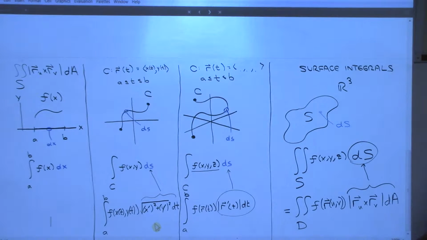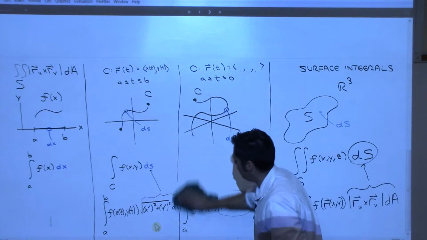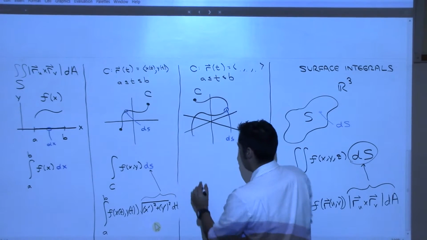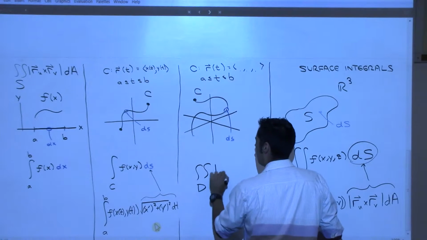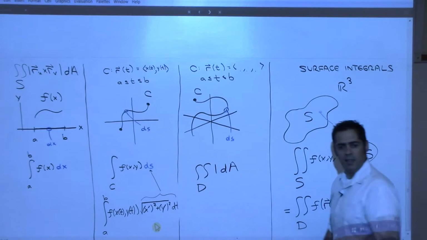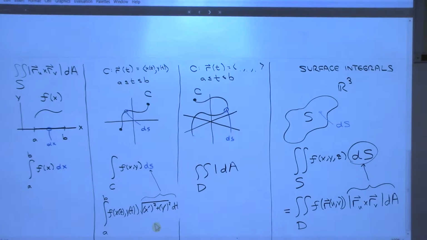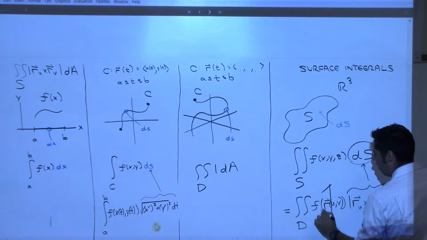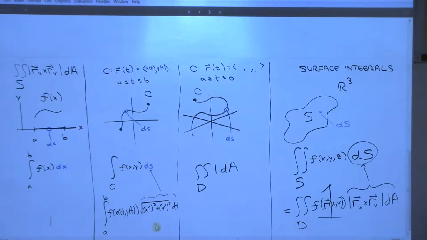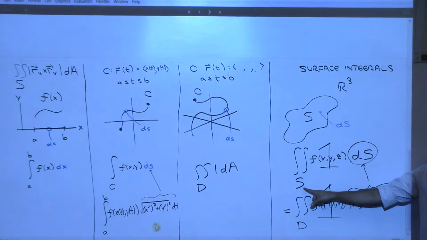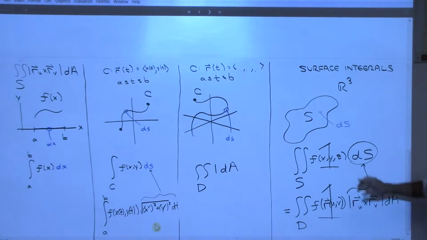So one way you could look at this is, do you remember the formula double integral over D of 1 dA? Do you remember what that represents? The area of the region D, right? If I make this right here a 1, then this should just be the surface area of the surface, right? If dS is this, then that becomes that formula.